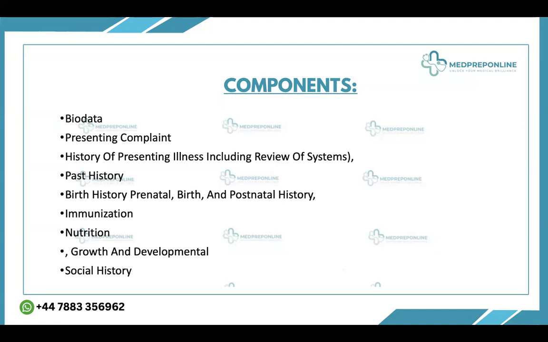So always talk about the 24 hours recall for an estimate of calories, and also about the variety of food. Sometimes you will find out that the child is having chai ras, and nothing else. So he might be getting enough calories, but not the right micronutrients. So yes, that's how you take nutritional history.